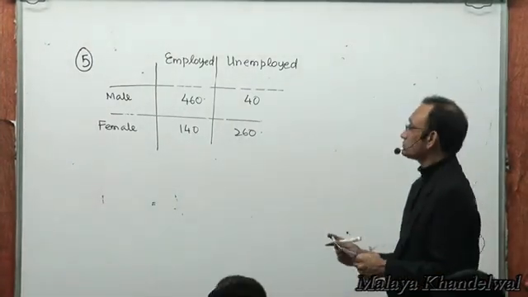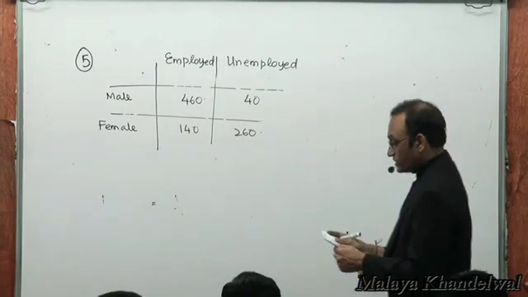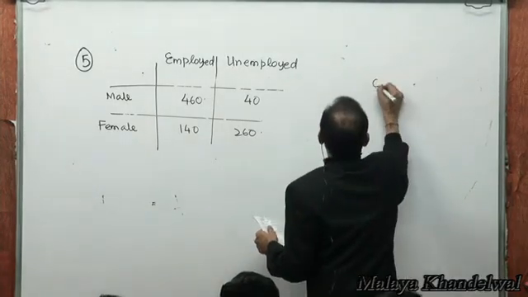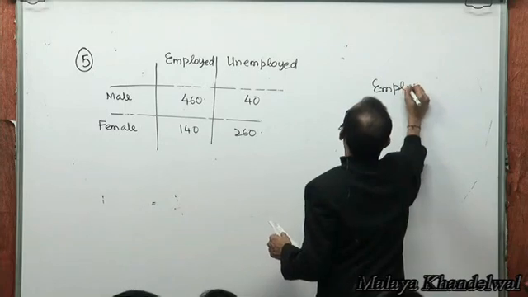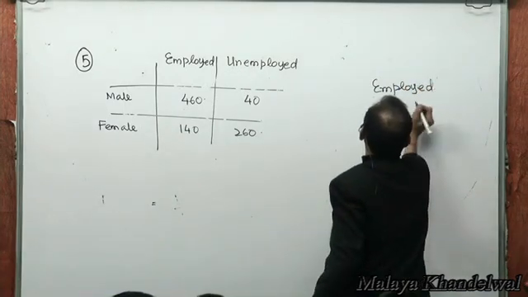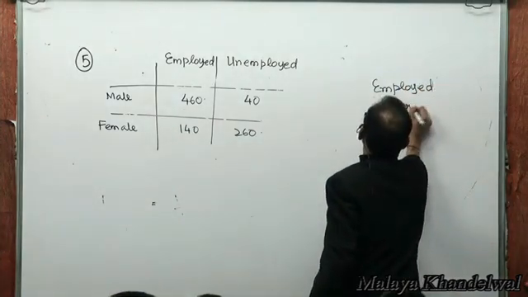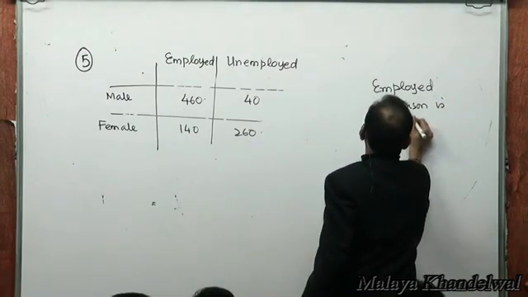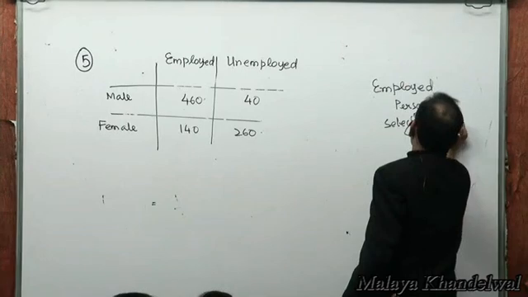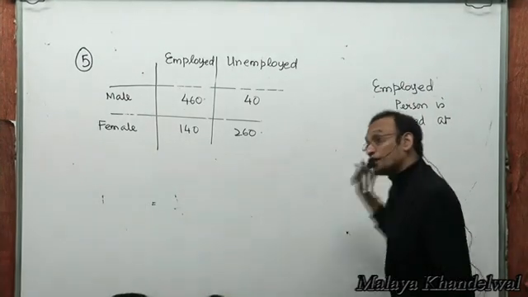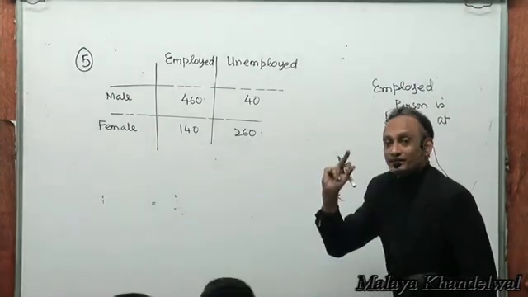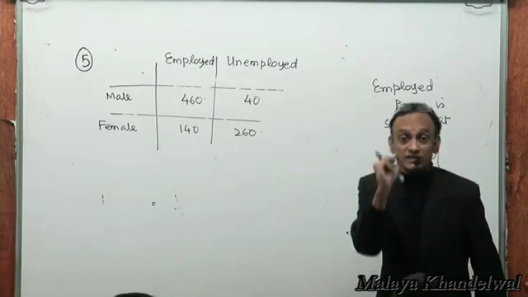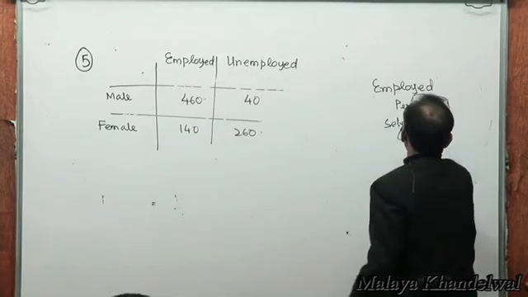Now, in this case, we need to find, so an employed person is selected at random. The problem says that an employed person is selected at random. That means I know this event has occurred: selection of an employed person.